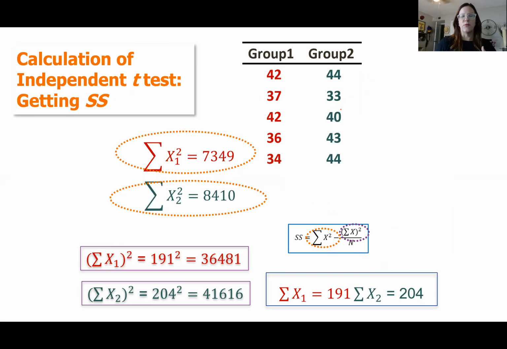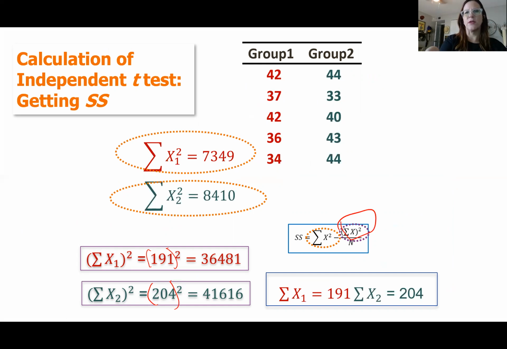Here, we did have raw scores though, so you did need to go through and calculate from the beginning. So we had, if you remember, the sum of x totals. I always put those as if there were parentheses here and here. Those were just the sum of x's. You would square them, so that those could go here.